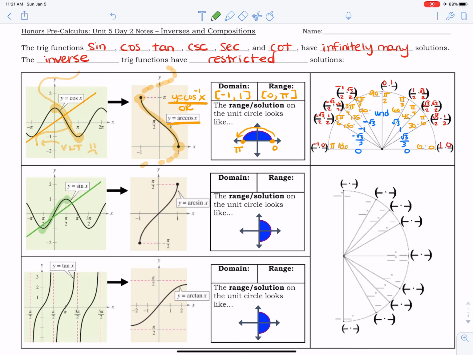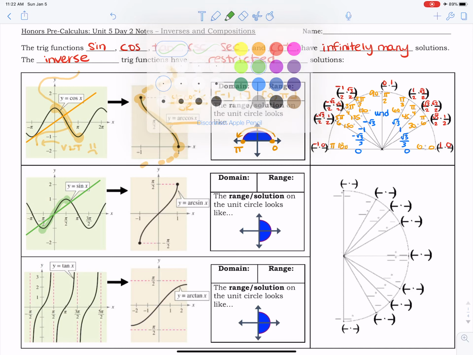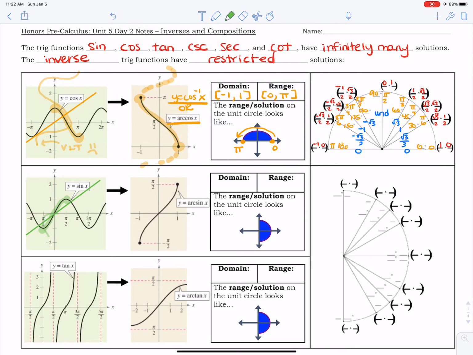Let's scoot it over to the 0 right quick. Now let's do the picture, and it looks something like this. Something like that. Let's make it a little thinner.